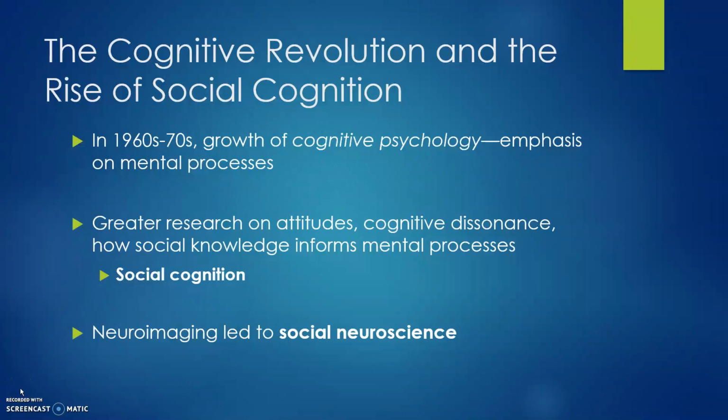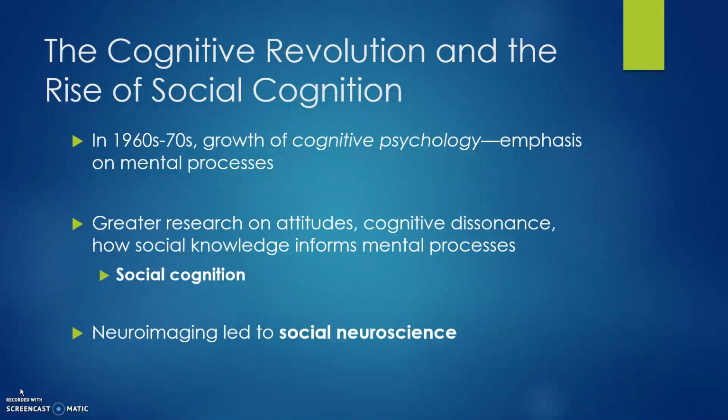Well, folks, as it turns out, we only have one more slide to go. So, I want to talk a little bit about something that has definitely shifted within social psychology since the rise of cognitive psychology in the late 1950s.